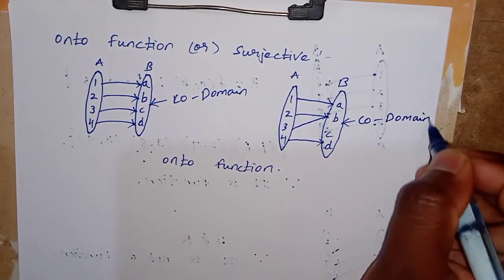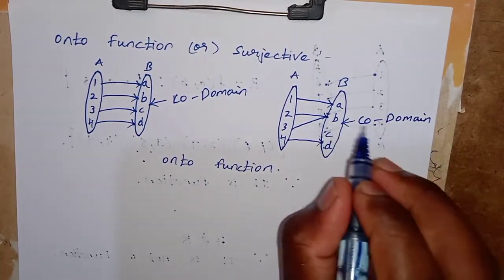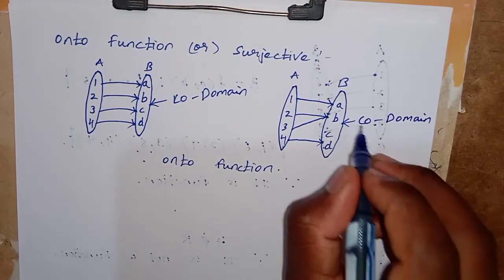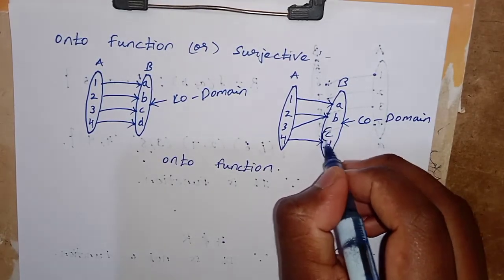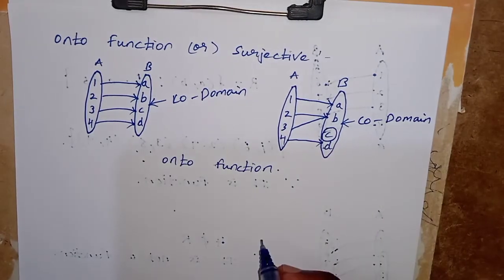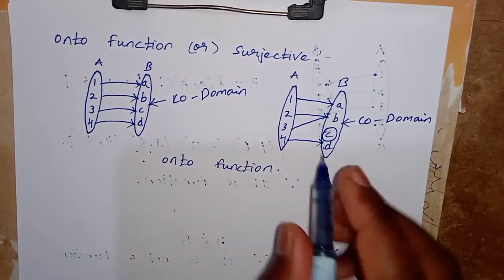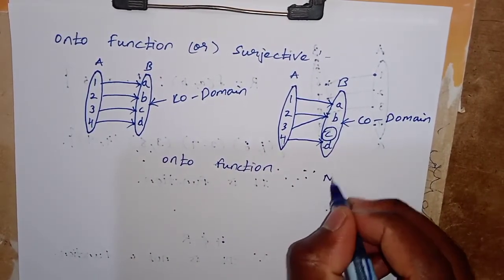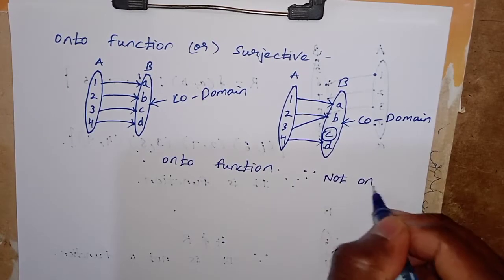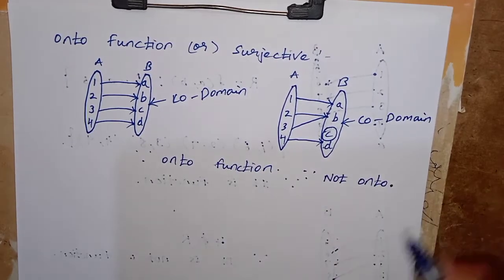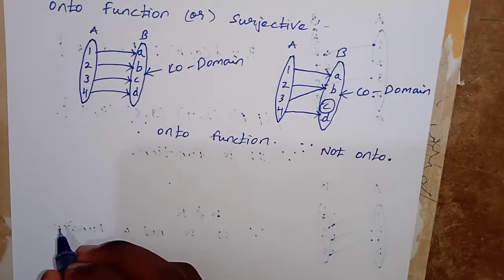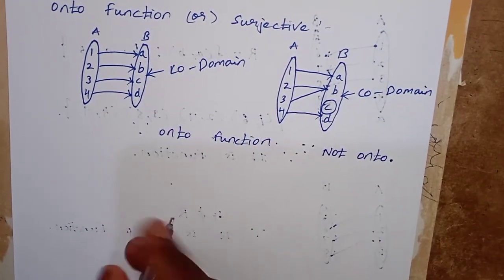I am checking the codomain now. A is filled, B also filled, but see here D is not related to any element. Therefore here it is not onto. I hope you understood.